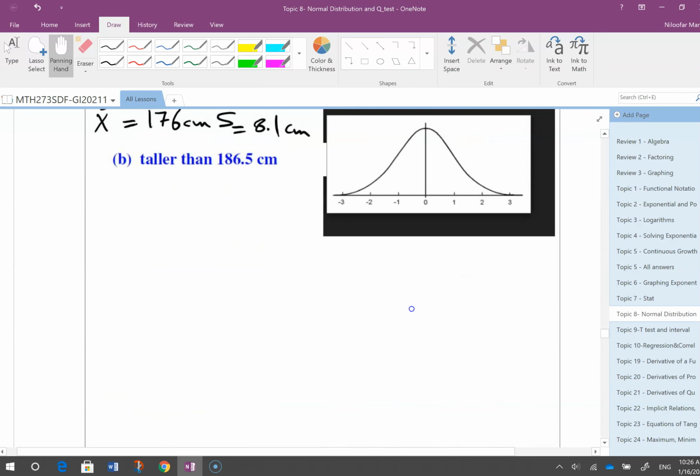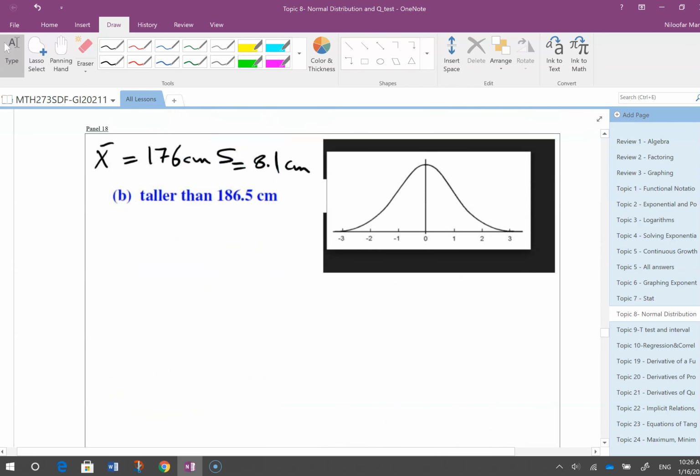Let's do the next one. How many people are taller than this? Probability x more than this.